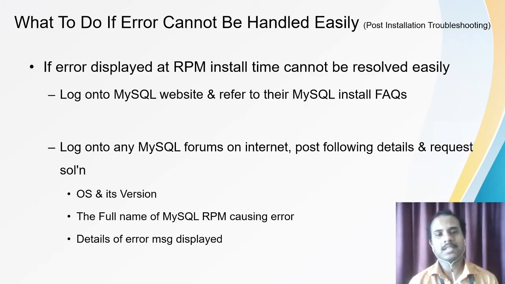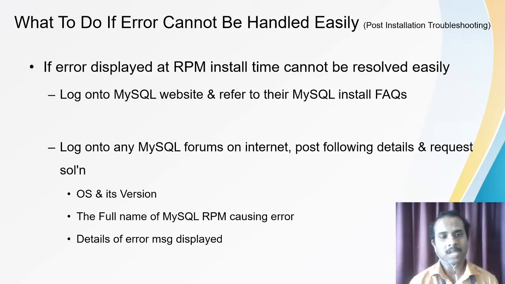Now let us say that an error has taken place during the installation of the RPMs, and your RPMs are not working properly. Then what do you have to do? You can go to the MySQL website and refer to their MySQL documentation and FAQs.